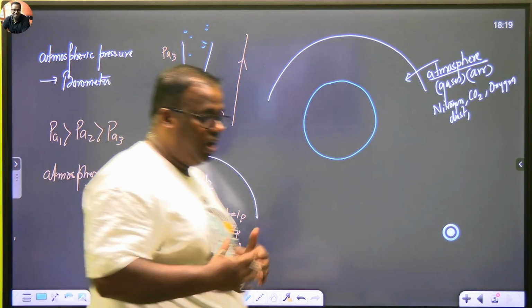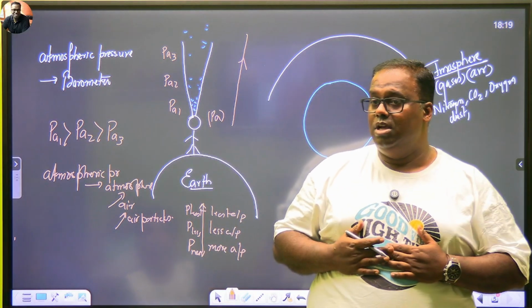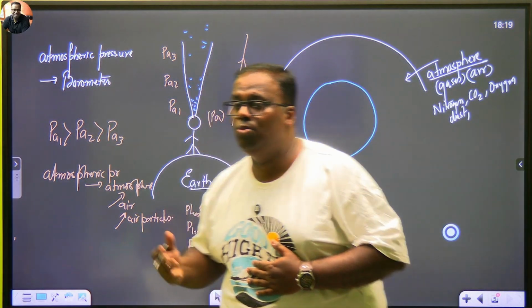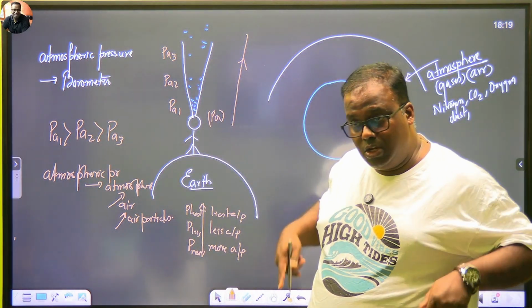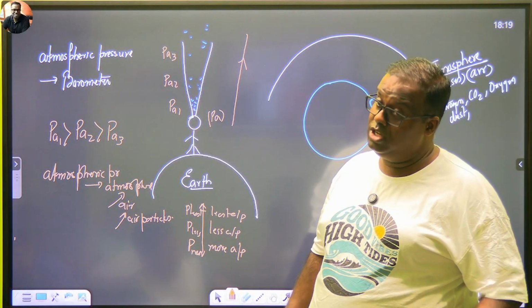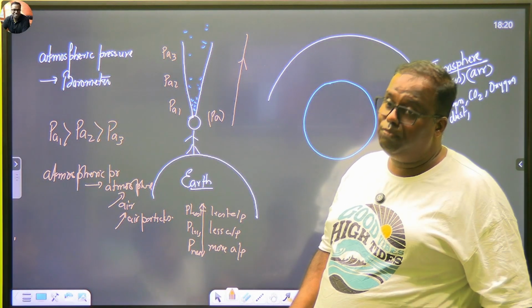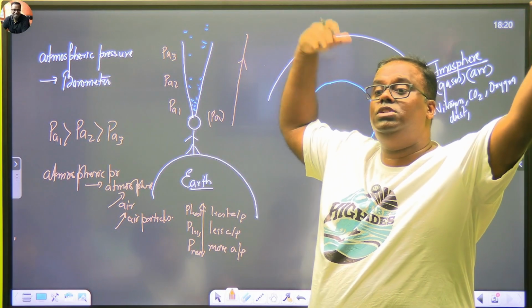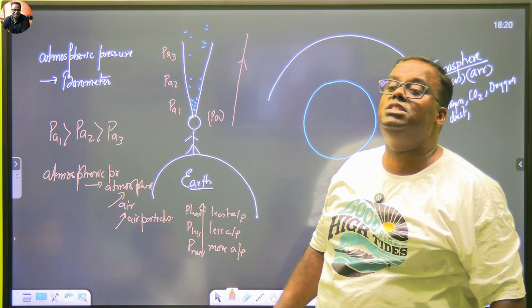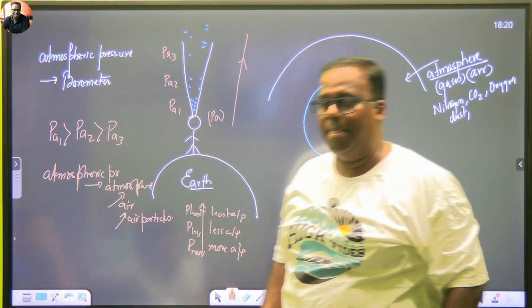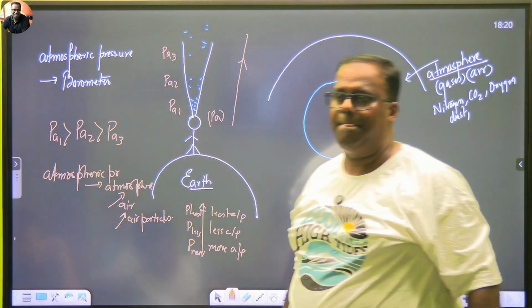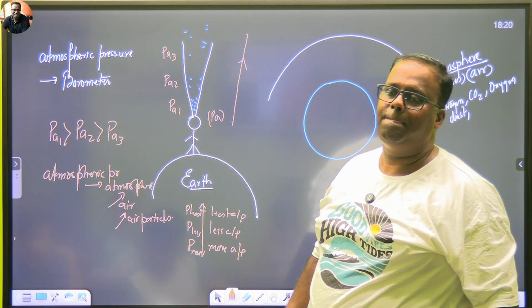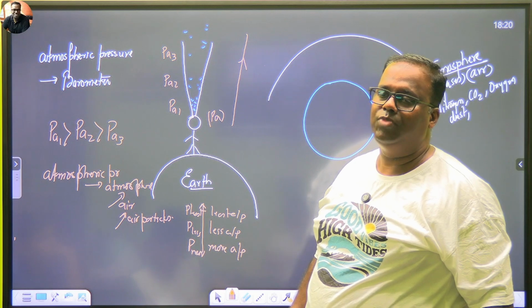That means if I am on the sea surface, the pressure I sense due to the water is minimum. As I go down the sea, the pressure increases. But as I fly up from the sea, I go up to a mountain. In mountain, the air pressure will be much, much less. Yes. The top of the mountains, it's so cold, but mountains at the tip are closer to the sun.